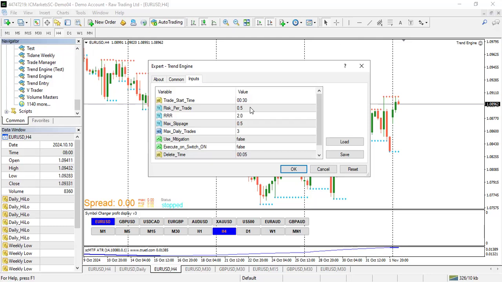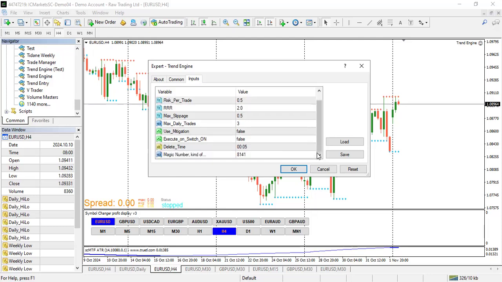On GU, I think we had an increase in profit of about 7% or thereabouts, but it's not really something that will make me change what I want to do, because it slightly increases the drawdown as well. So use mitigation, set to false. Now, execute on switch on, and you will see the reason why that needs to be there very, very shortly. So I'll come back to that particular setting.